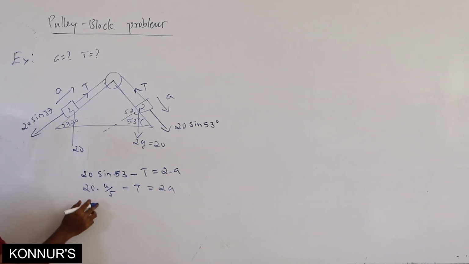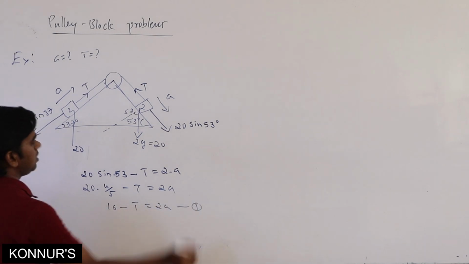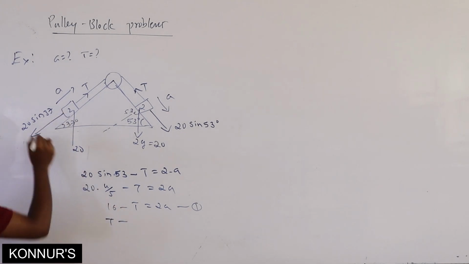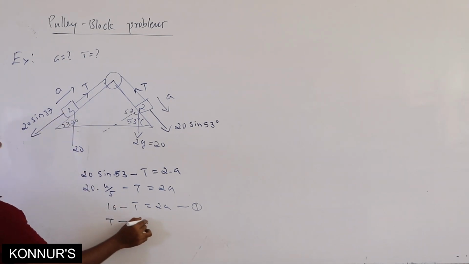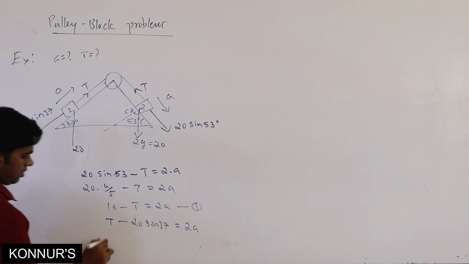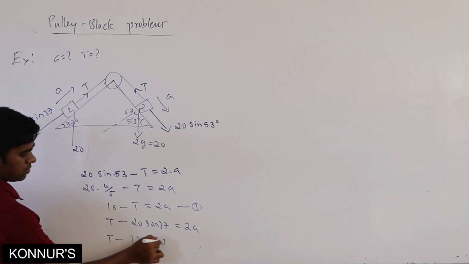So this will become 16 minus T equals 2a. Equation number 1. Here T minus, in this direction, 20 sine 37 equals again 2a. So T minus 20 sine 37, which is 3 by 5, so 12, equals 2a.